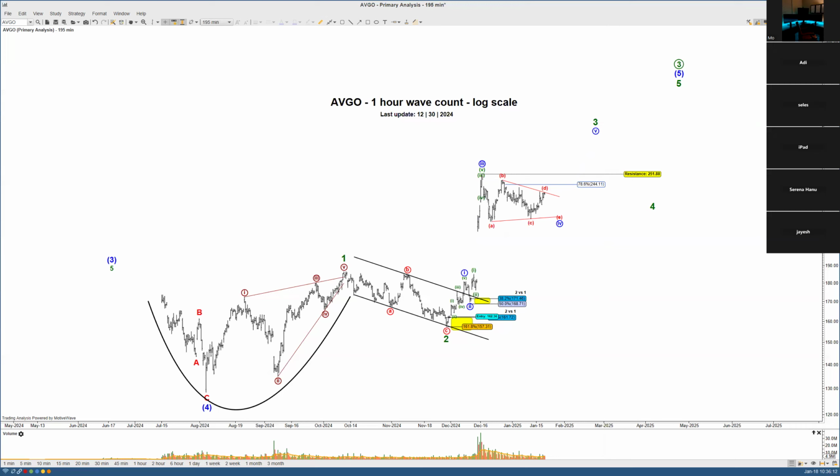Some of those highs. Yeah, the ES, that was the wedge for Thursday night.